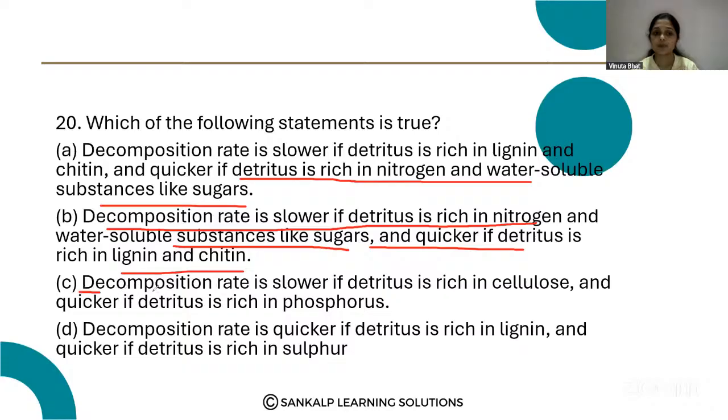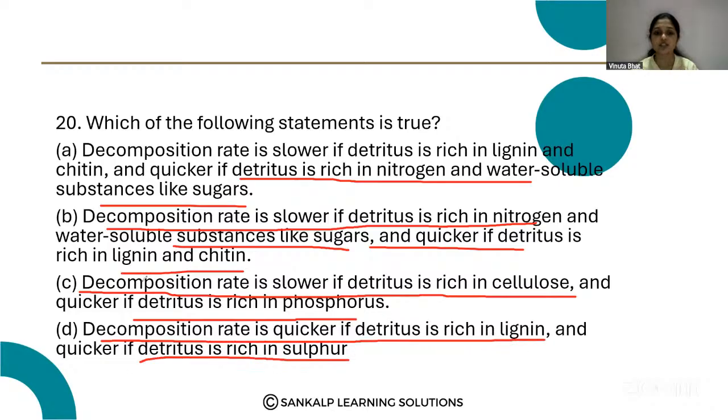Option C: Decomposition rate is slower if detritus is rich in cellulose and quicker if detritus is rich in phosphorus. Option D: Decomposition rate is quicker if detritus is rich in lignin and quicker if the detritus is rich in sulfur.